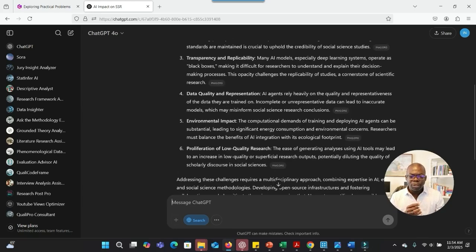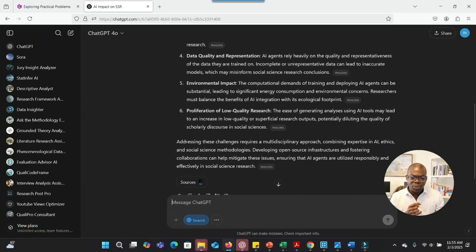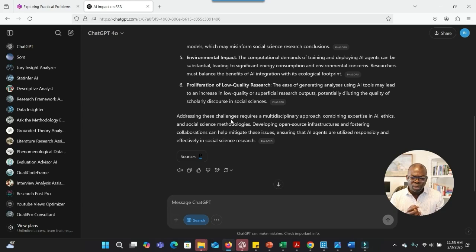So another aspect is data quality and representation. I think you can also look at this one too. And the environmental impact of deploying AI agents. The last one is proliferation of low-quality research, right? I think that there's going to be low-quality research because first, how will you know whether an agent is best qualified to do that research?